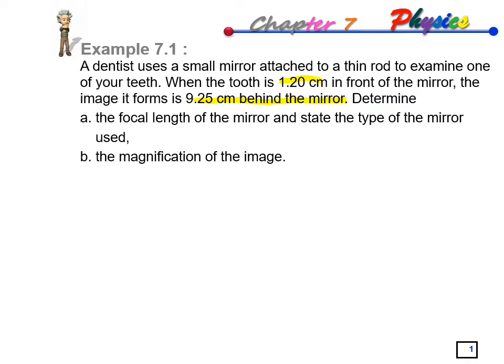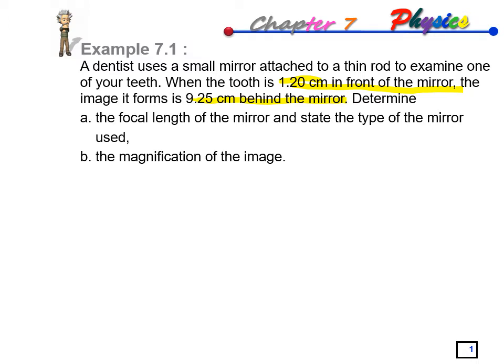So basically you have two pieces of information here. The 1.2 cm in front of the mirror is the object distance, u, and the image forms 9.25 cm behind the mirror, which is the image distance.